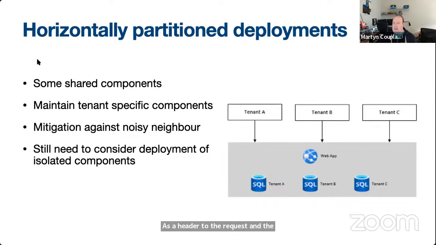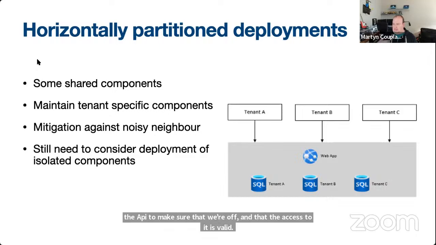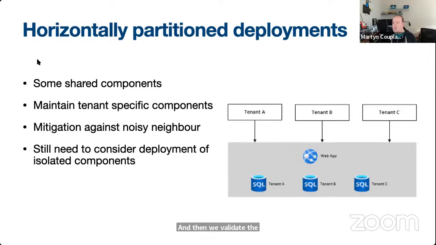We do the validation in the API to make sure that we're authenticated and that we're authorized and that the access token is valid. And then we validate that the tenant ID that they're passing across is the same as the one in the access token. If there's a mismatch, obviously we send back a 403 error, but we match up that yes, the tenant ID they're trying to request data from is the same as what they have in the access token.